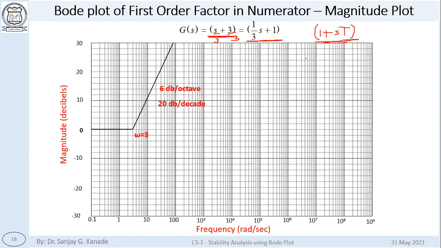So t in this case is, how much? Sorry, t is 1 by 3, right?